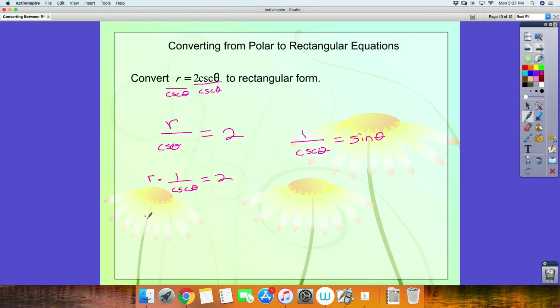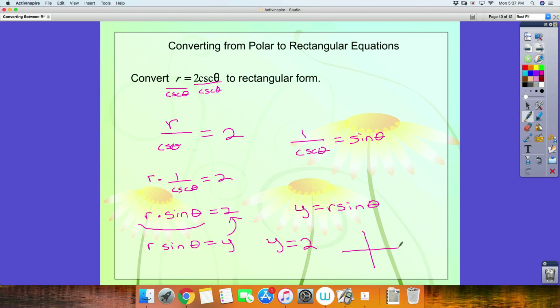So I can switch the two and do r times sine theta equals 2. Now this reminds me of my formula y equals r sine theta. So when I match it up, r sine theta equals y, I can see that y is equal to 2. If I were to graph this, it would just be a horizontal line at y equals 2.